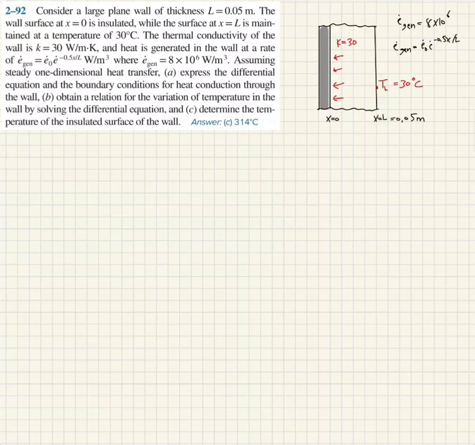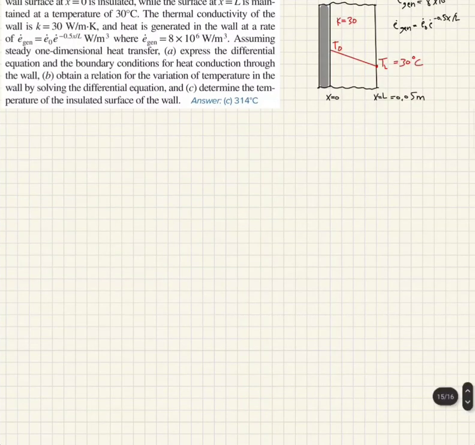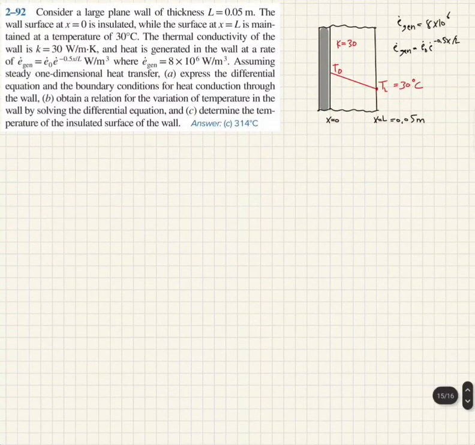So that's two important pieces of information. And we know that heat is going to flow this way, where T0 is going to have a higher value compared to TL. So knowing the boundary conditions, let's go ahead and solve this problem.